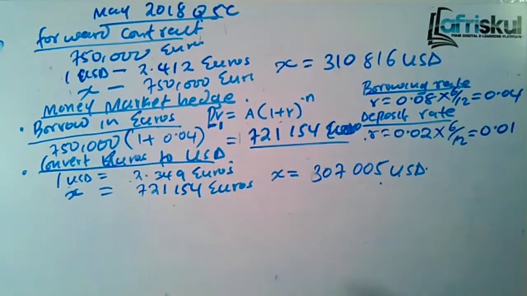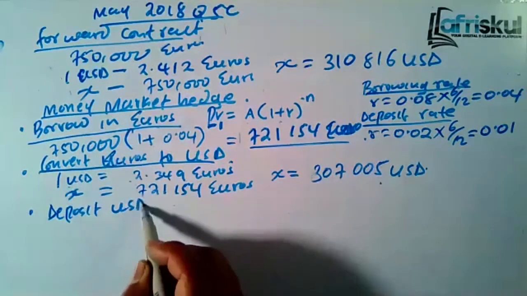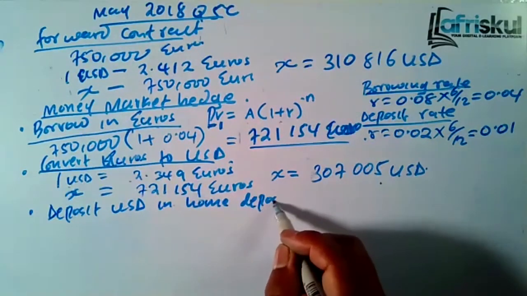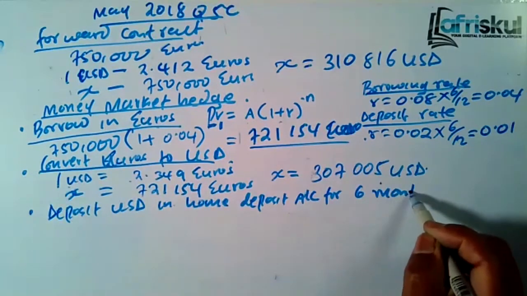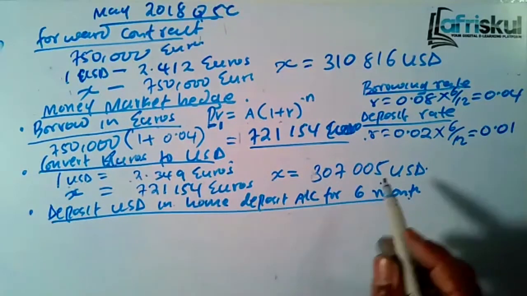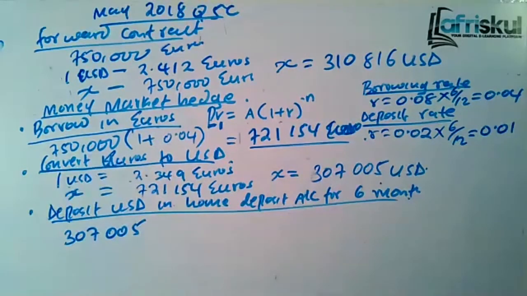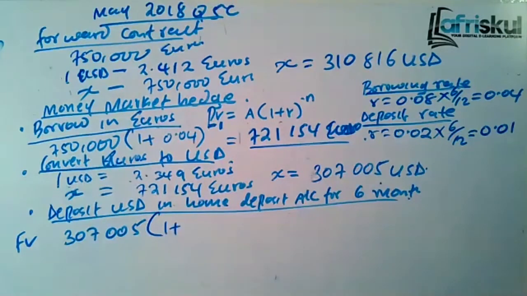Now this is what you will deposit in the home currency until it matures for the next 6 months. So the other step, you are supposed to deposit the US dollars in the home deposit account for 6 months. So that means you will deposit 307,005. How much will that amount be in the next 6 months? To get the future value, it will be 1 plus the rate. Remember, you're using the formula (1 plus r) raised to the power n to get the future value.